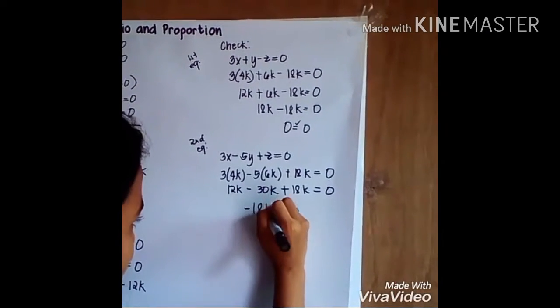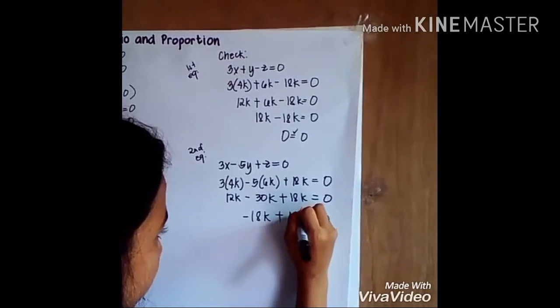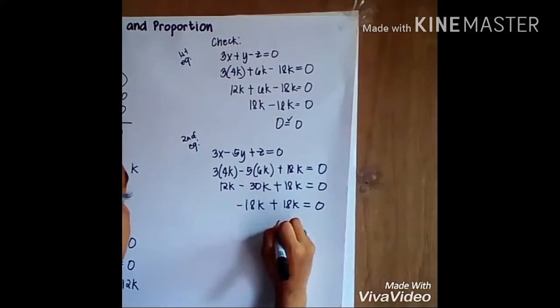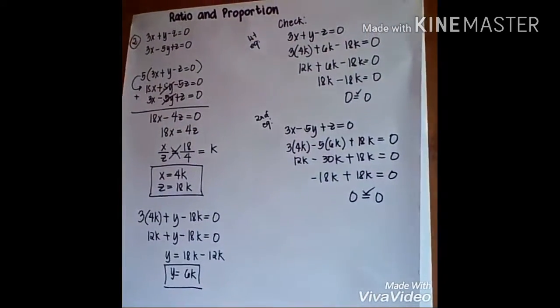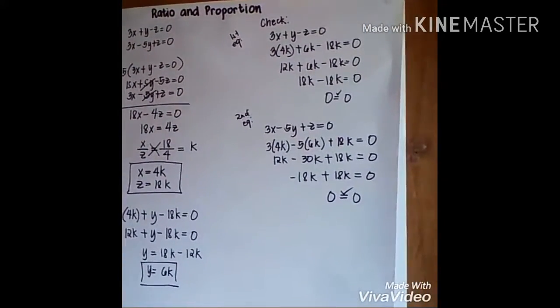Negative 18k plus 18k is equal to 0, and 0 is equal to 0. So the given values for x, y, and z are correct.